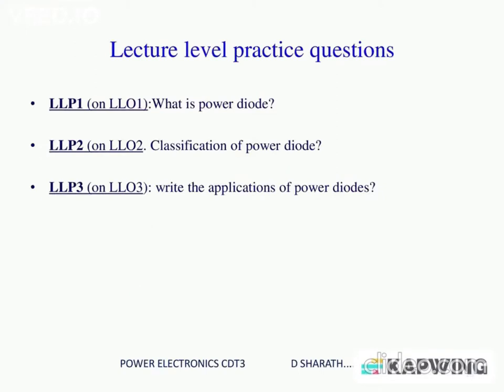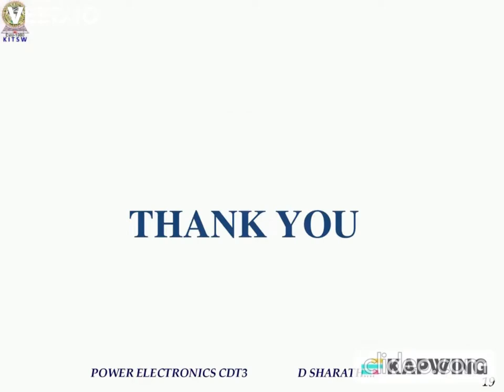So you learn. Coming to the lecture level practice questions. What is a power diode? You have to know what a power diode is, the different classifications of power diodes, and write the applications of power diodes. So the answers: a power diode is a diode formed between a heavily doped P and a lightly doped N minus region. Coming to classifications, there are three types: general purpose, fast recovery, and Schottky diodes.